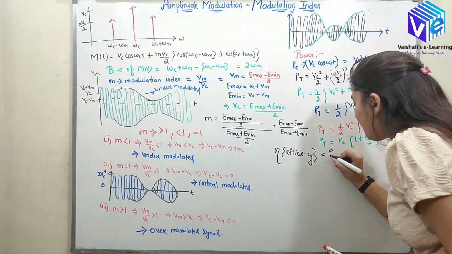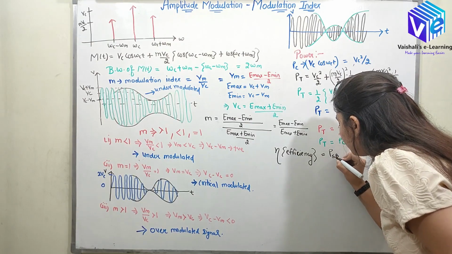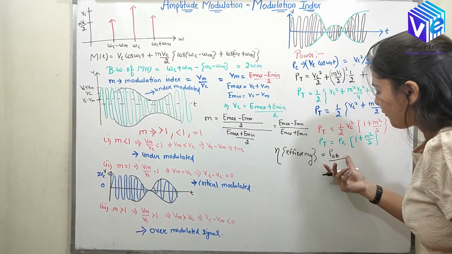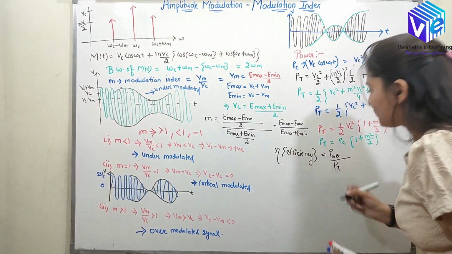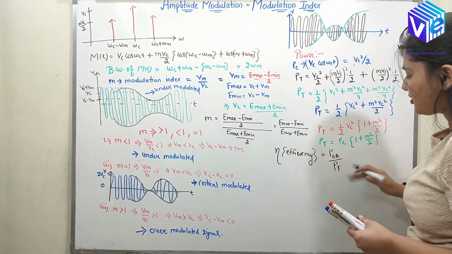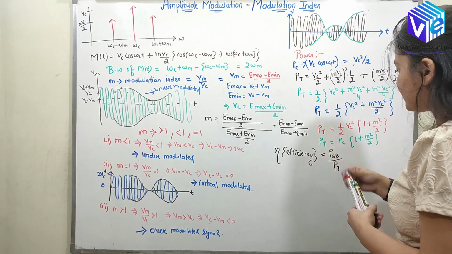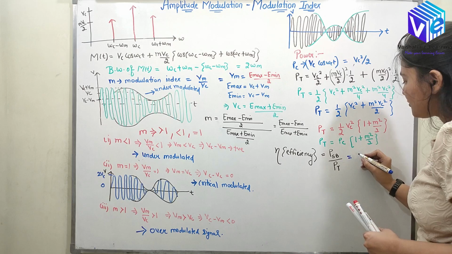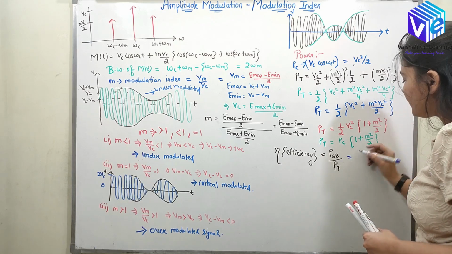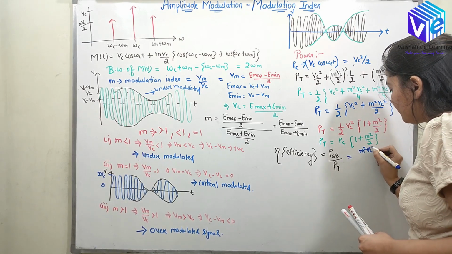So the power of the sidebands is my required power, so it contains the actual information, upon the total power, will give me the efficiency. The power of the sideband is given by m square Vc square upon 4 plus m square Vc square upon 4.